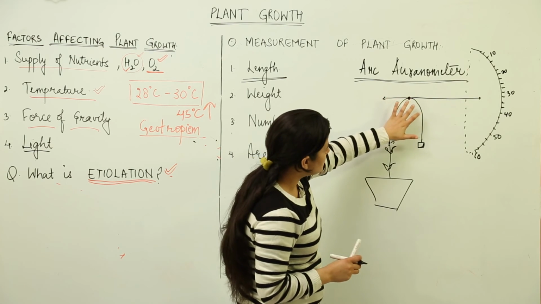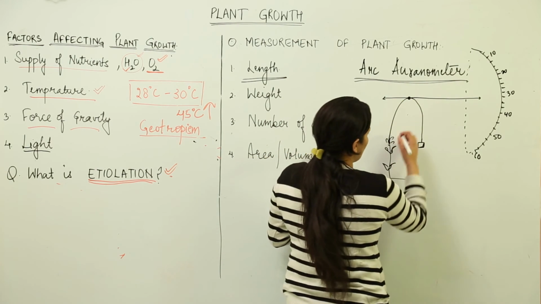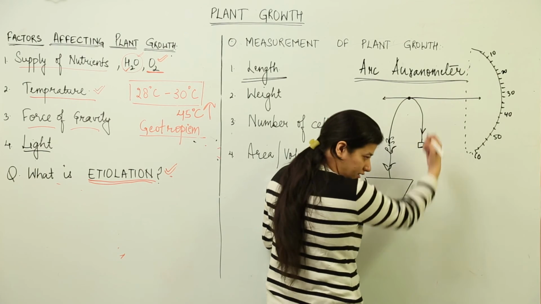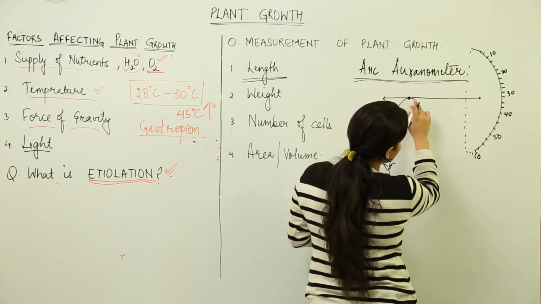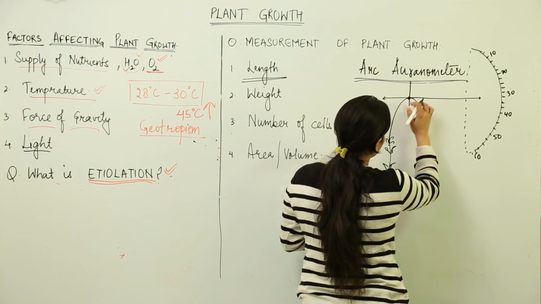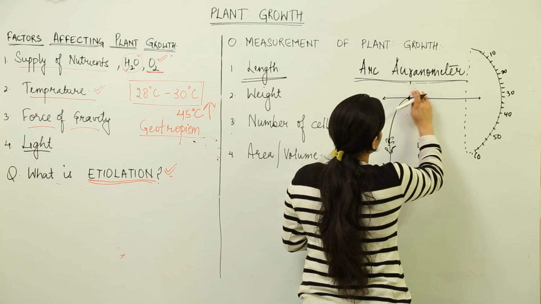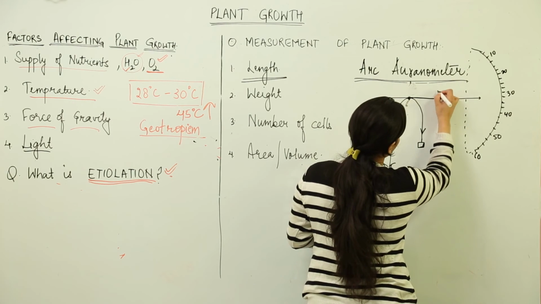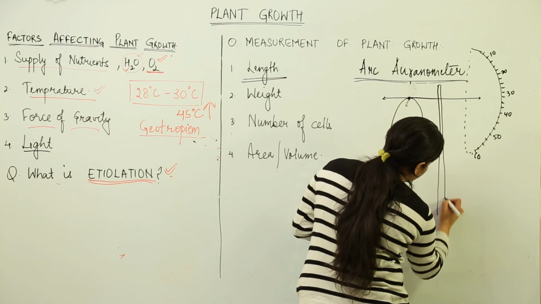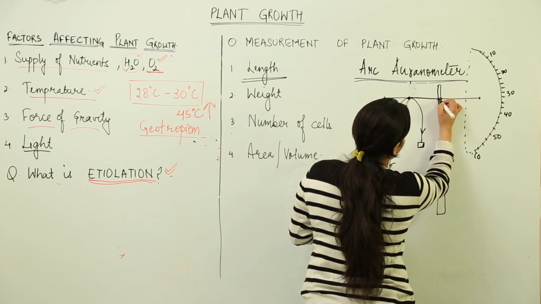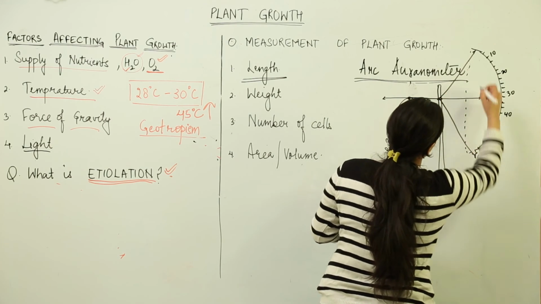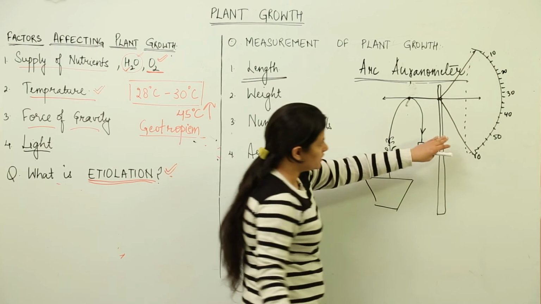This needle is tied to the pulley. Now as the plant would grow, the thread would come down because the weight is carrying it down, and because a needle is connected to this, there would be a clamp over here which would be connecting the pulley, and this clamp would be connected to the scale as well. So this is your auxanometer basically.